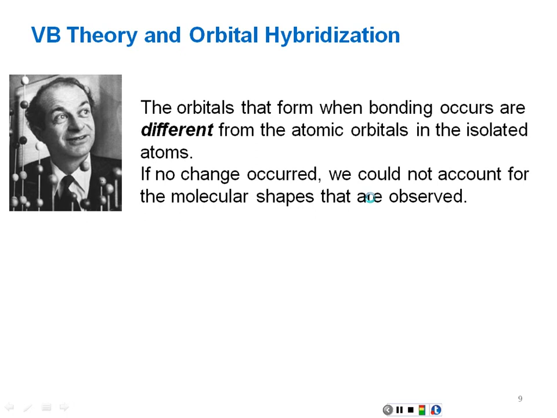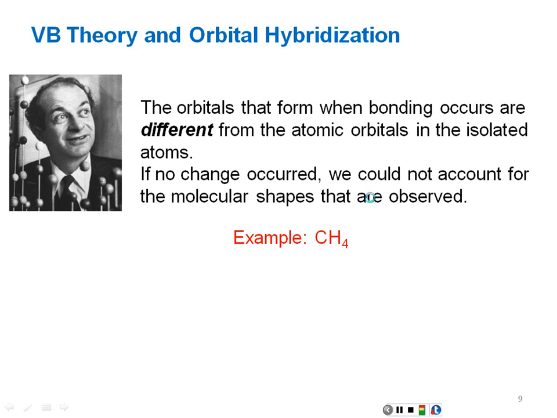If we just tried to use atomic orbitals, s orbitals and p orbitals, we couldn't come up with the molecular shapes that are observed. And a classic example for this would be methane, CH4, with the tetrahedral geometry. There simply is no way to make tetrahedral geometry if you're using an s atomic orbital and 3 p atomic orbitals.